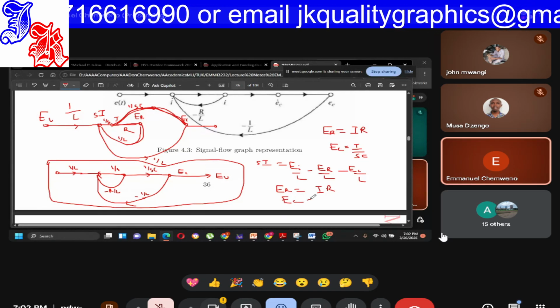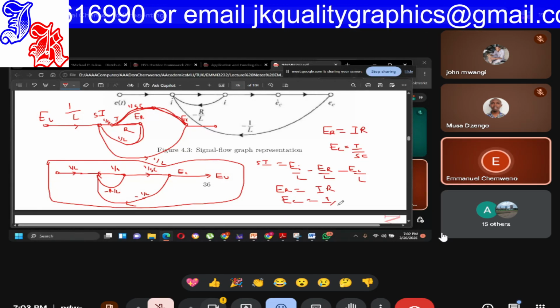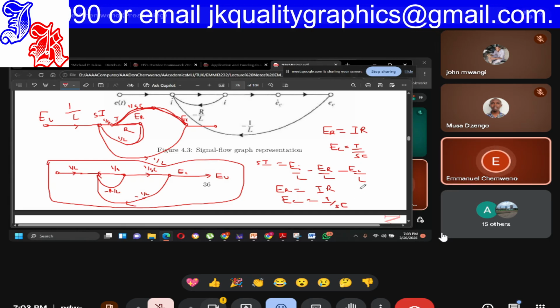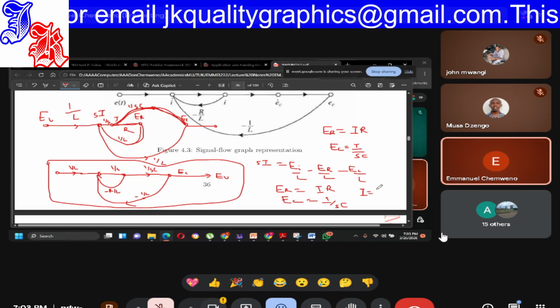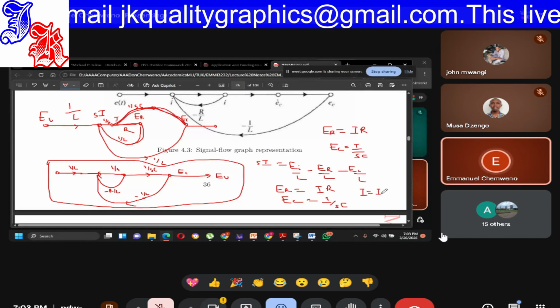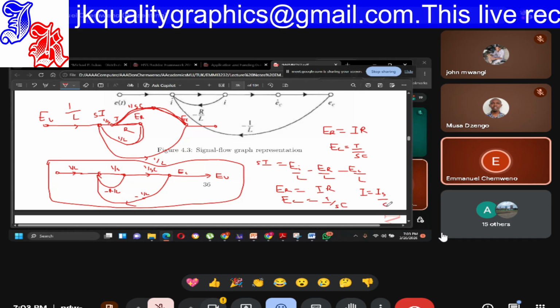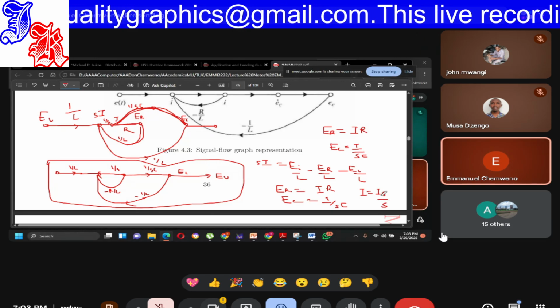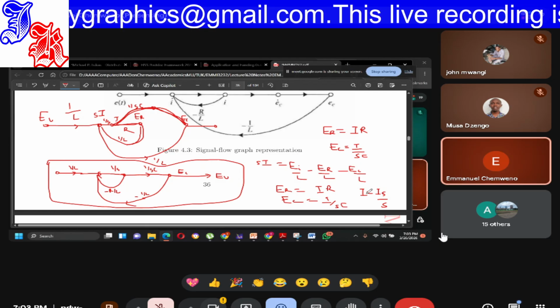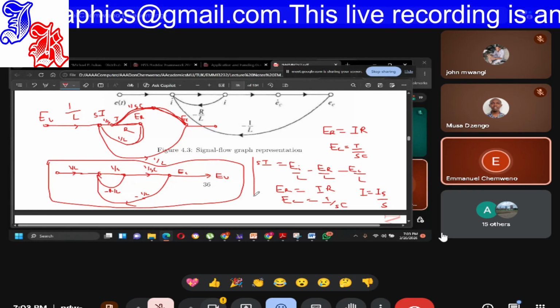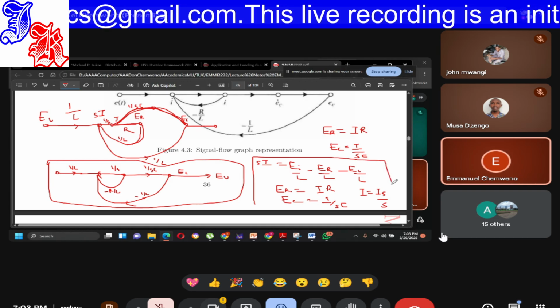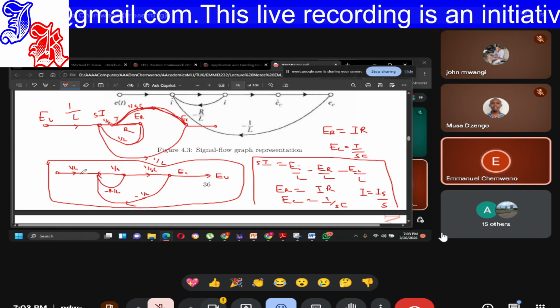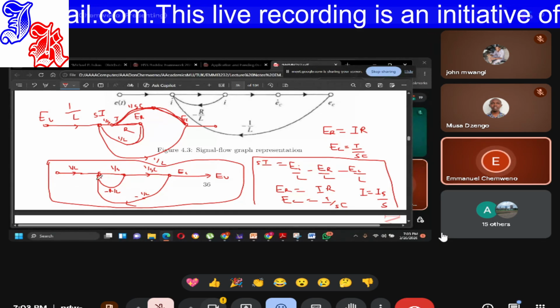EC is equal to I over SC. I'll also add I is equal to SI over S. So with these equations, we should be able to draw this signal flow graph.